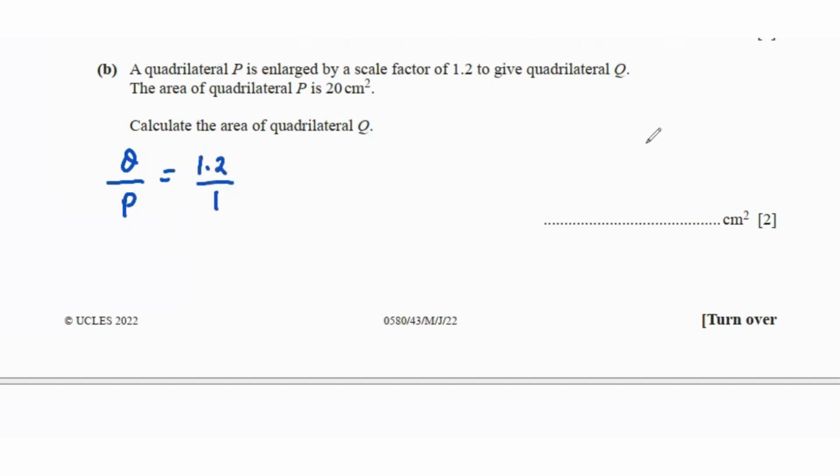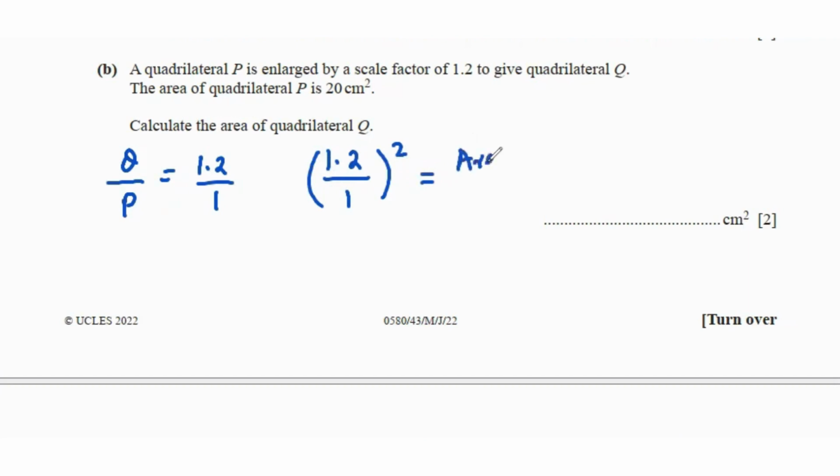Okay. So when talking about areas and for similar shapes, because these two are similar shapes, because one was enlarged based on the other one. So that means your ratio of the length, which is the scale factor over here, squared will equal the ratio of the area.